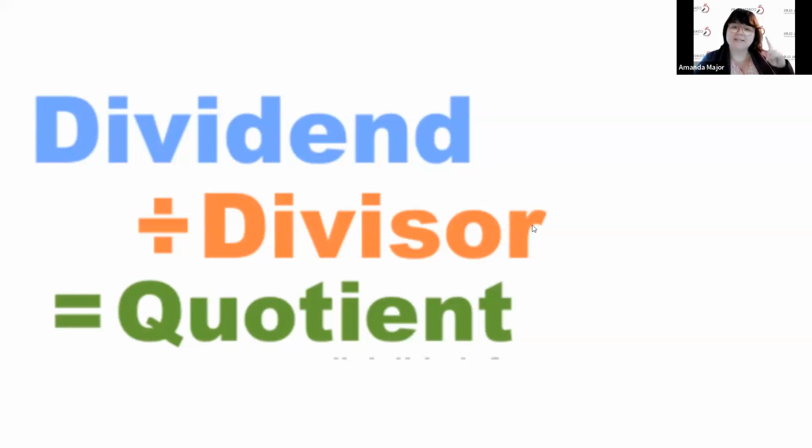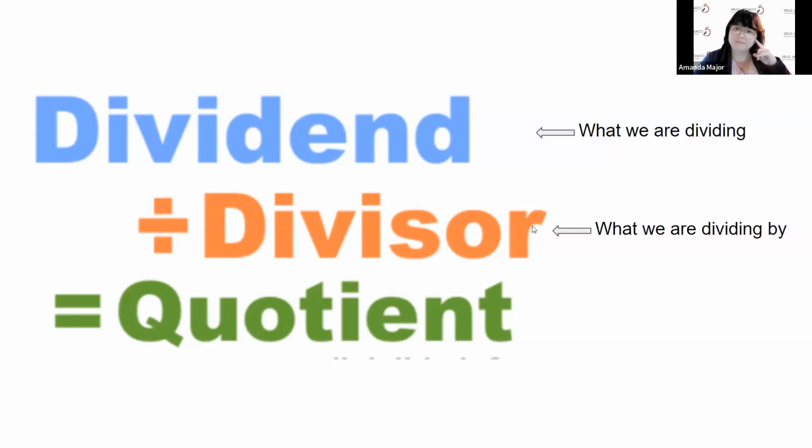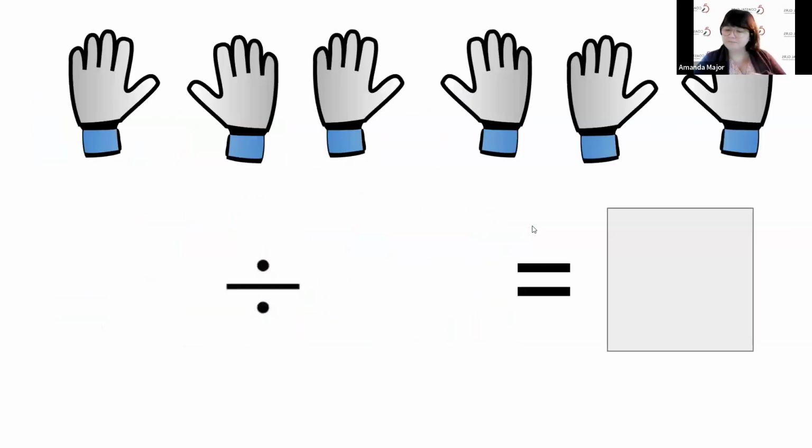So let's think about that scenario again. And here we have our 6 gloves. 6 is our dividend because that's what we're dividing up. We have 6 gloves to divide into pairs of gloves. So if 6 is our dividend, what do you think we're dividing by?